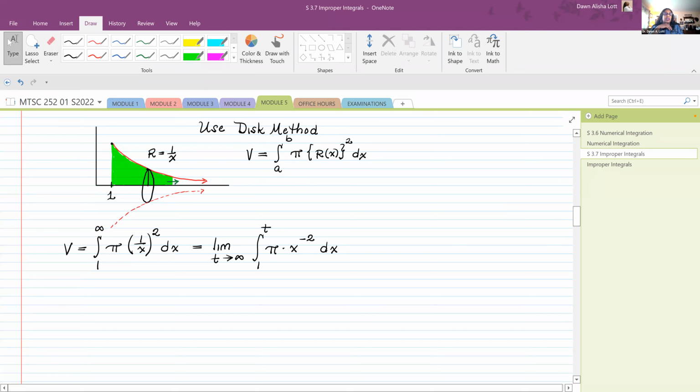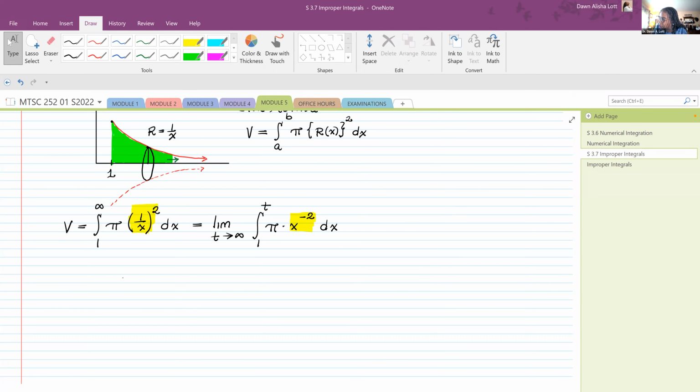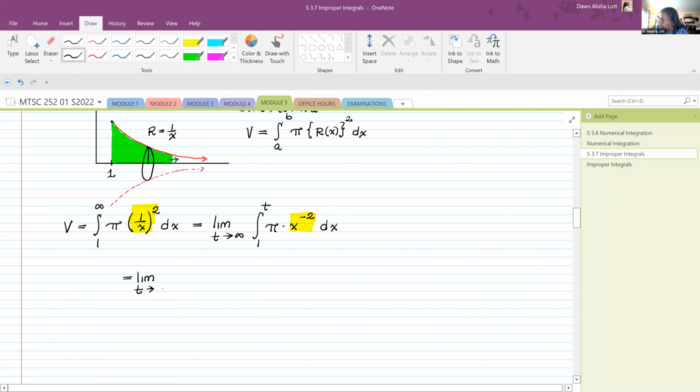All right, any questions so far about what I just did? Here I had 1 over x squared. I just rewrote it as x to the -2. So that's an easy integral. This is the limit as t goes to infinity of minus pi x to the -1 evaluated from 1 to t.